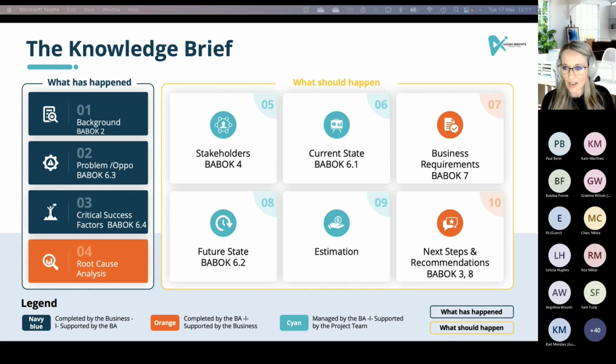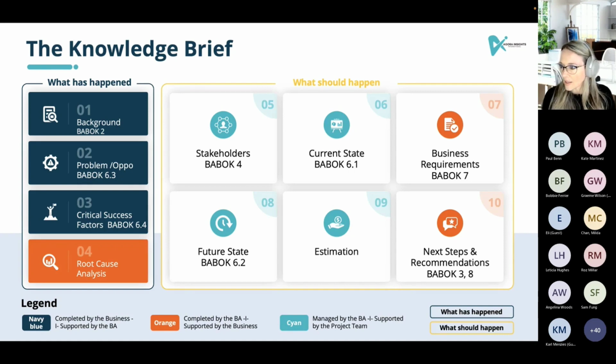Those are lovely fancy words that BABOK loves to use, abstraction. This basically means, do we talk high level, which is usually your executive team, or do we talk details? So the idea with the knowledge brief was to be able to really break down the background in a particular area and then provide supplementary information if it was required. Next.